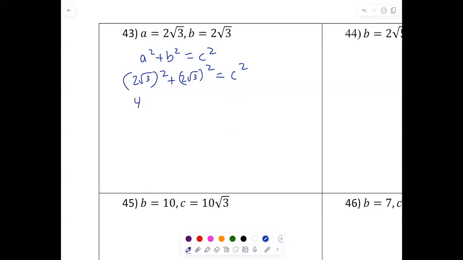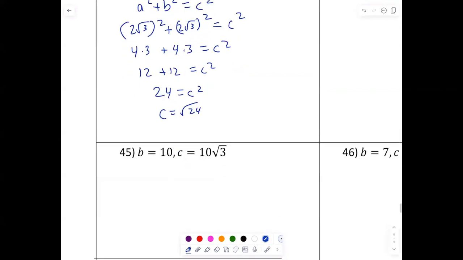Square root of 3 squared. Yes. What's 4 times 3? 24 equals c squared, so c equals the square root of 24. And what does that break down to? Come on, guys. Tell me the answer. 2 radical 6. Thank you.